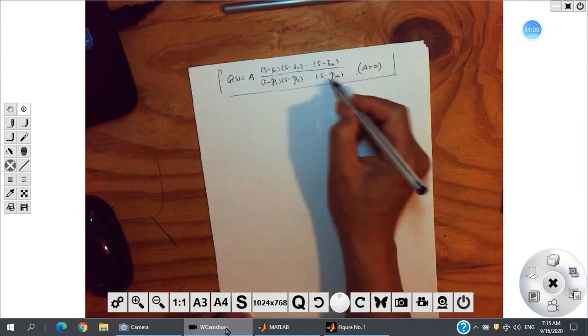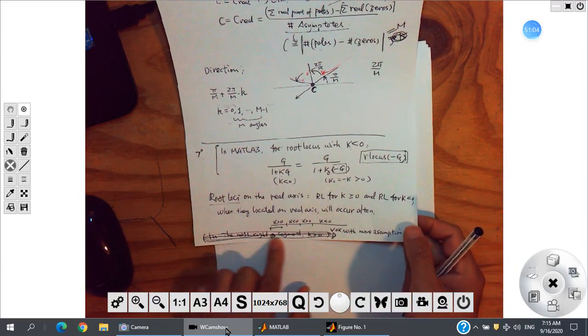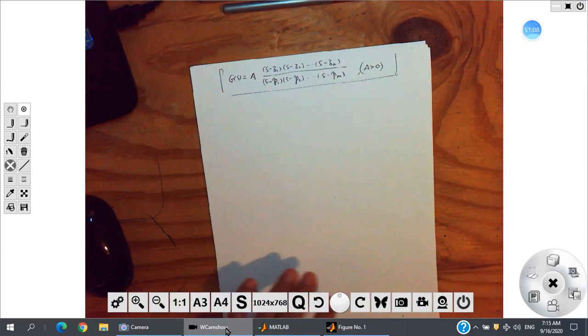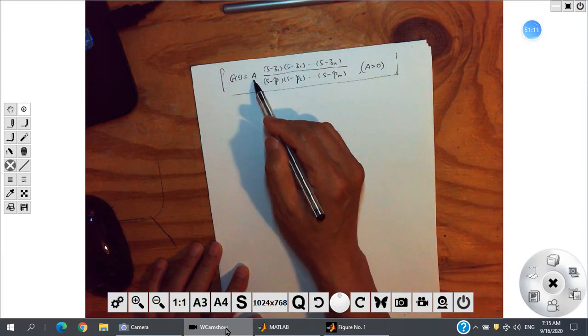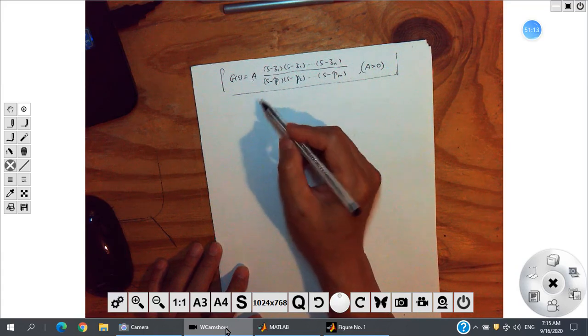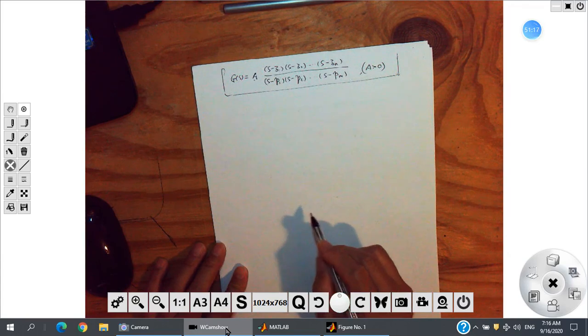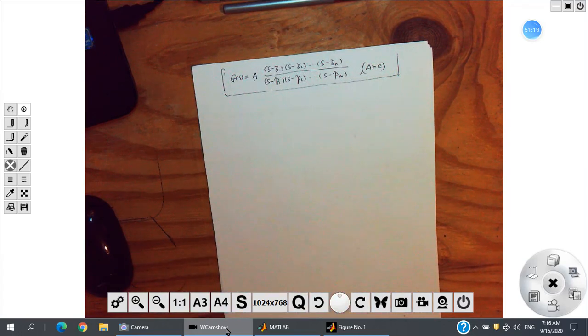If we have these, then we can have this result. But if A is negative, things will be different. So these are the root locus and the real axis.